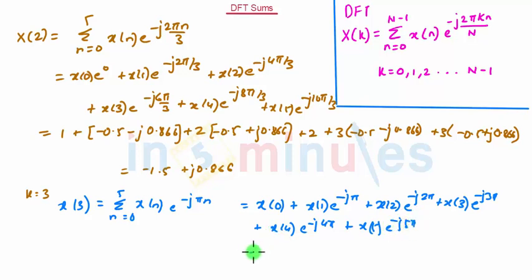The value comes out to be 1 plus 1 into minus 1 plus 2 again plus 2 into minus 1 plus 3 and plus 3 into minus 1. So the final answer turns out to be 0.